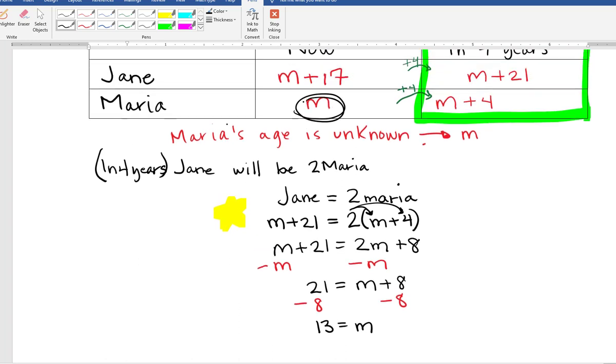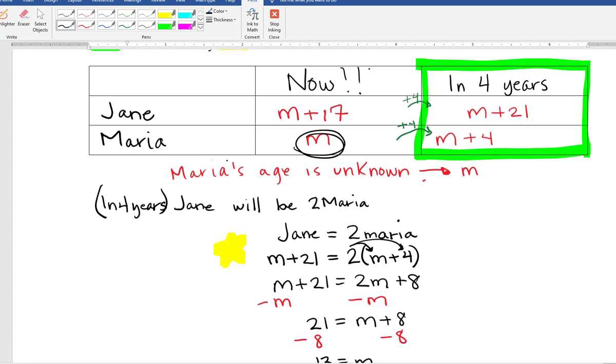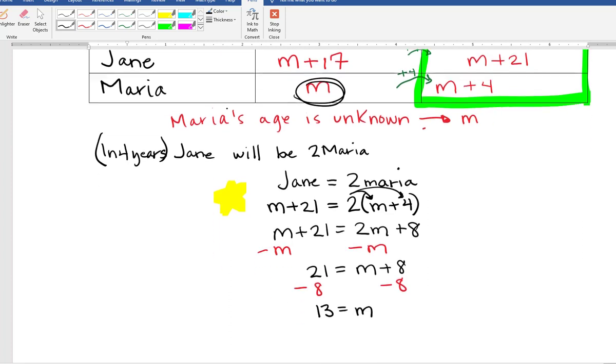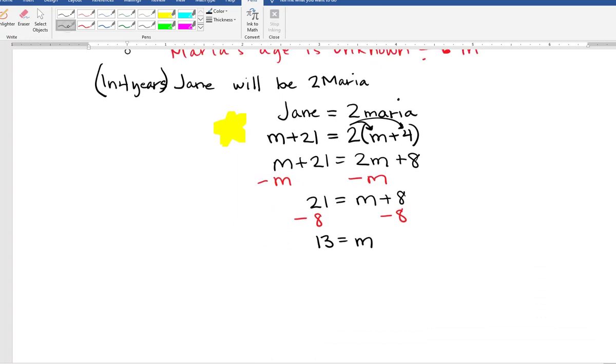m was Maria's age now. So that was one of our questions we had to answer. How old are they now? Well, Maria is 13 years old now.